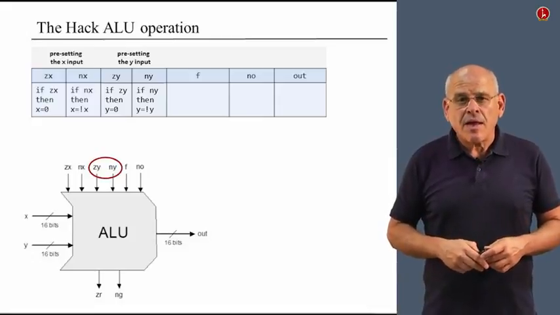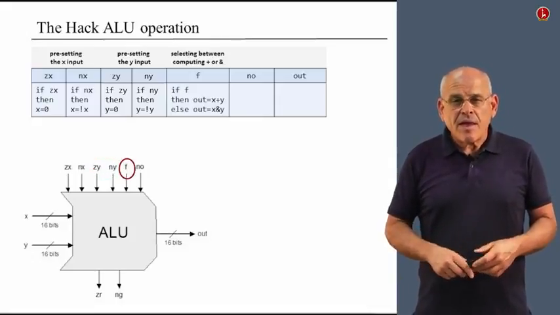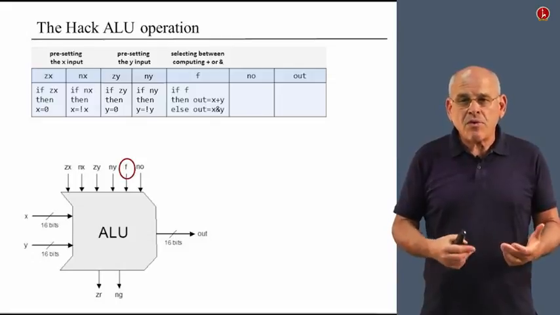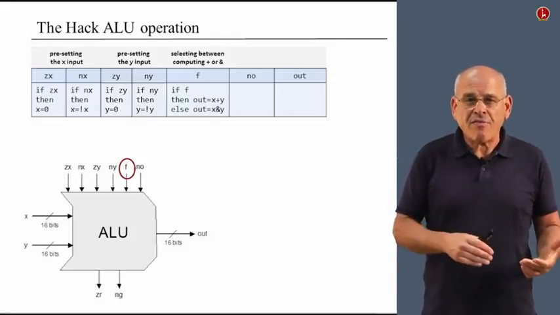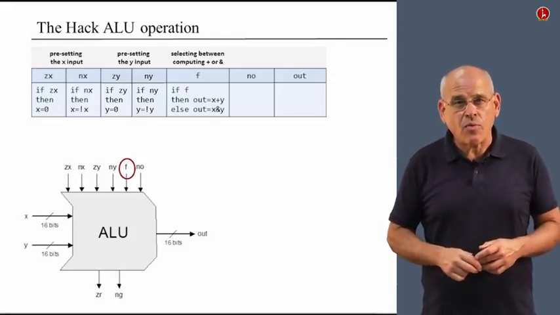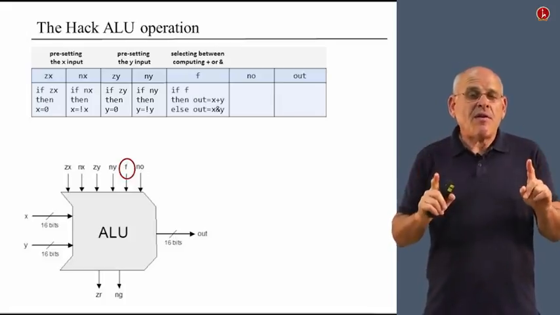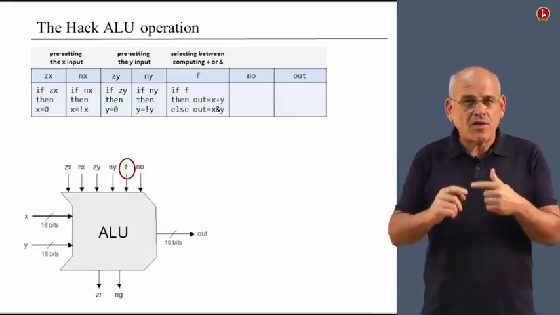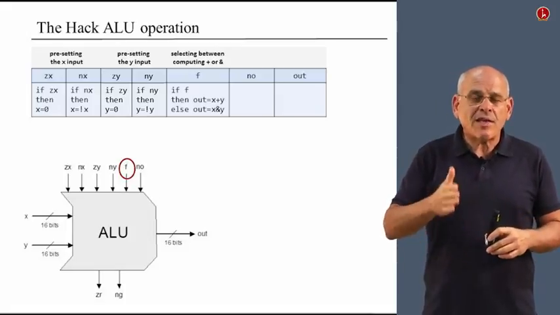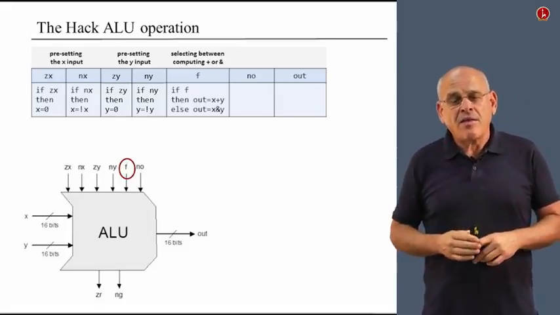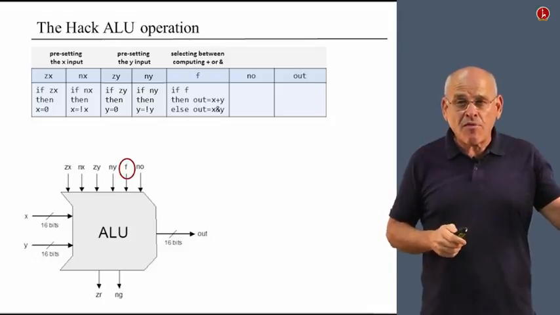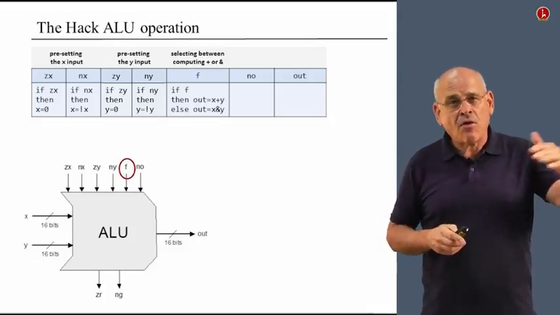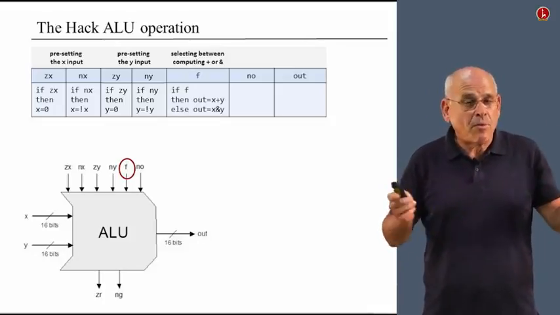Then we have an f bit. If f is 1, we compute x plus y. If f is 0, we compute x and y. Now, these are the processed x and y. Before we do these computations, the x and y have already undergone the manipulations we talked about before. They became either 0 or negated or nothing; maybe we didn't touch them.